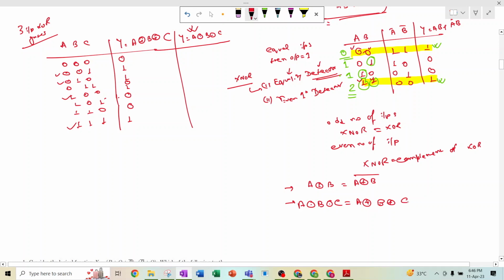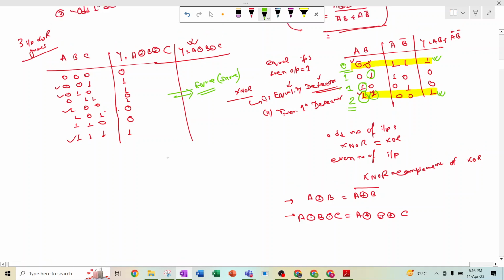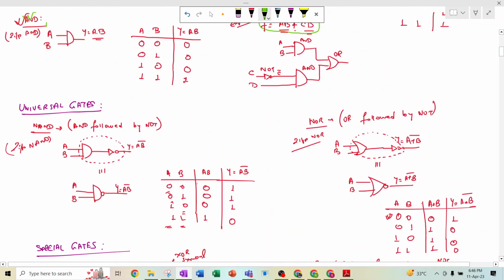So these two things you should remember. If you actually elaborate the expression, you will easily understand and get the same thing. So this is the basic thing.